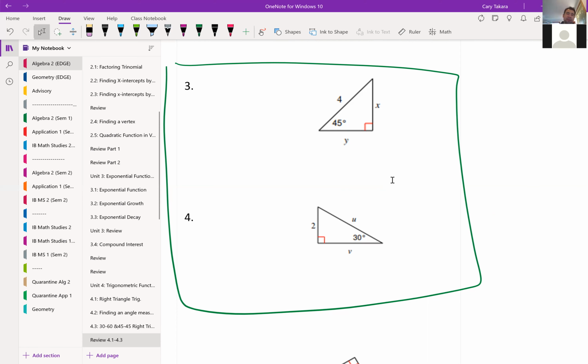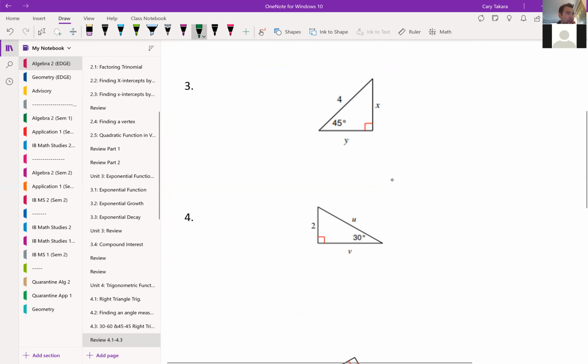So the 45-45 triangle is also called a shortcut problem because you don't have to do sine, cosine, tangent to do it. You could find x by just forgetting about y, and you can do opposite over hypotenuse.